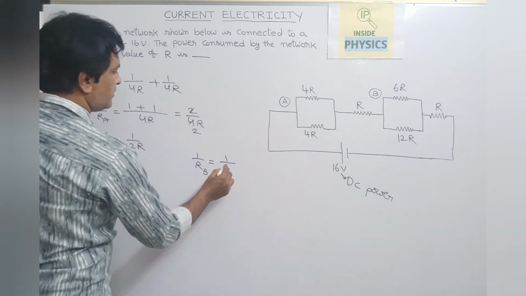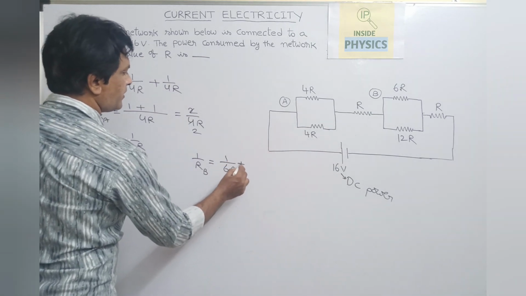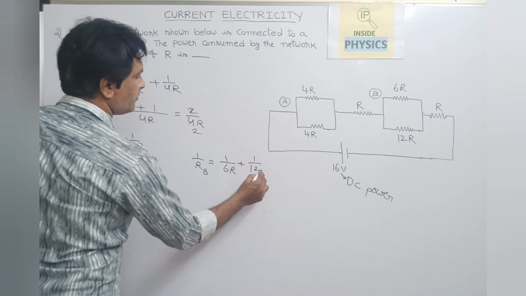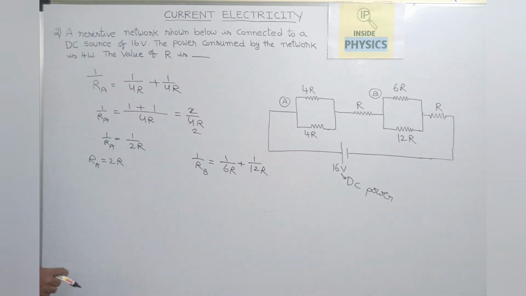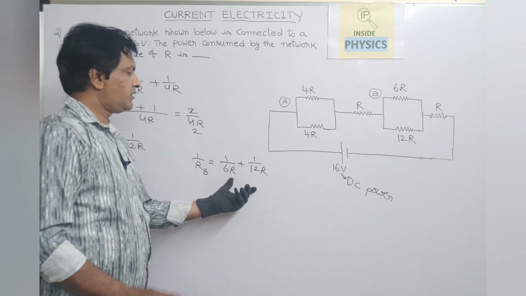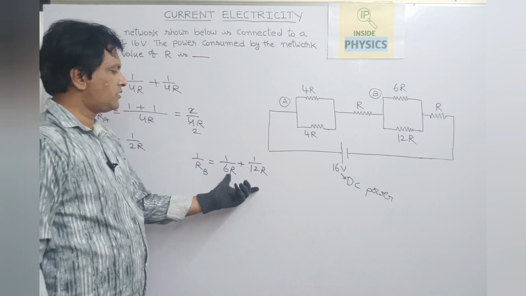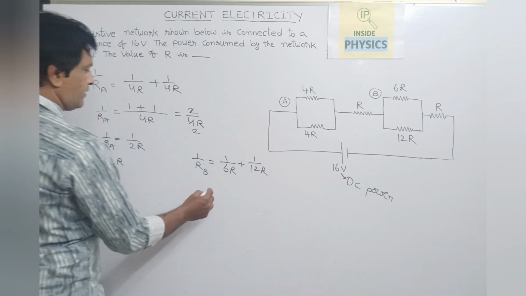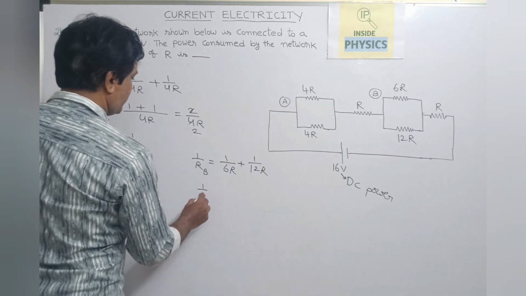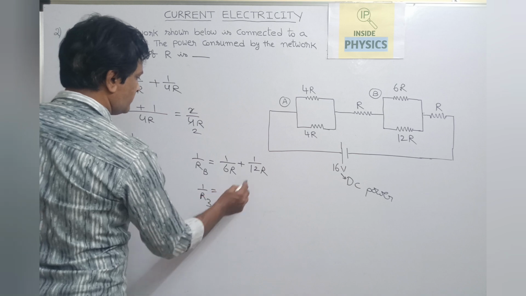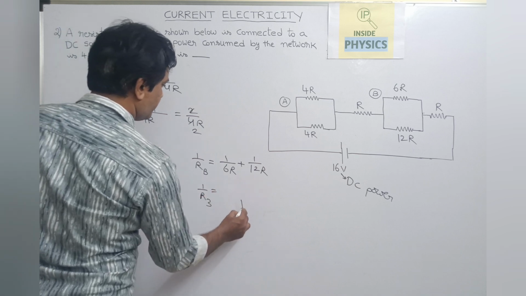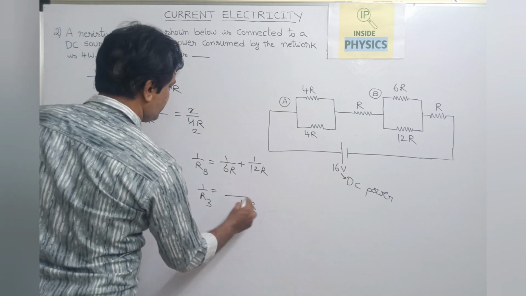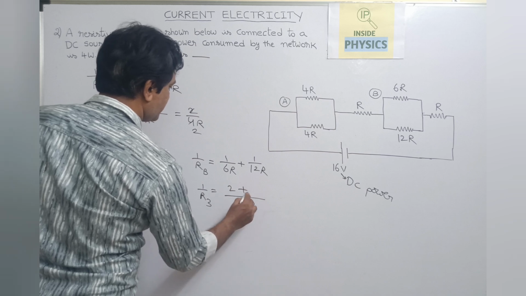Again I will write 1 by 6R plus 1 by 12R. So this is the way to calculate the effective resistance when the two resistors are connected in parallel. So here 1 by RB is equal to, LCM of these two will become 12R, and this will become 2 plus 1.